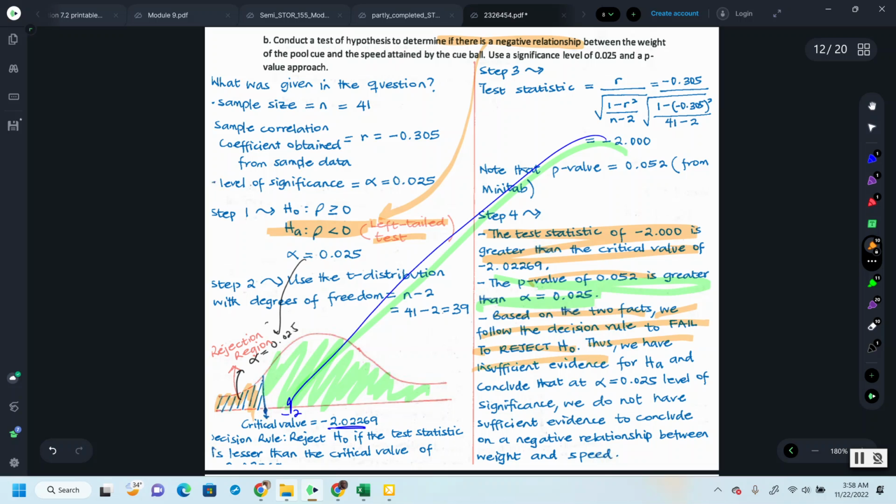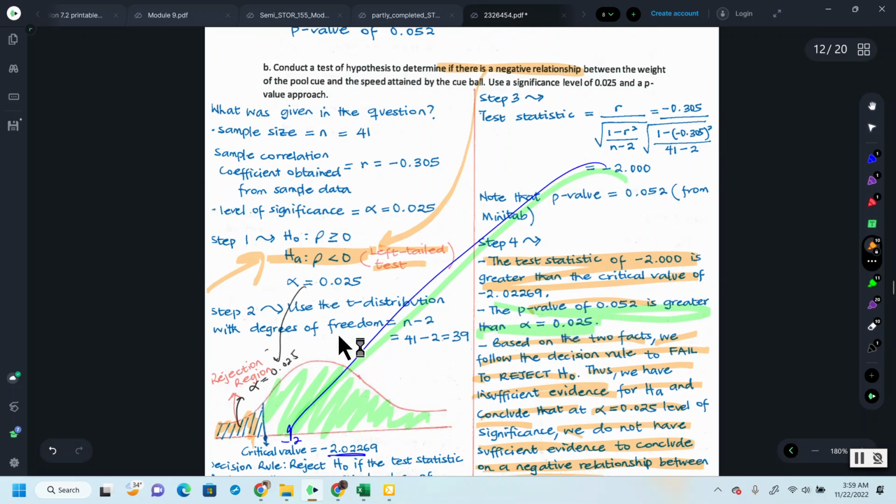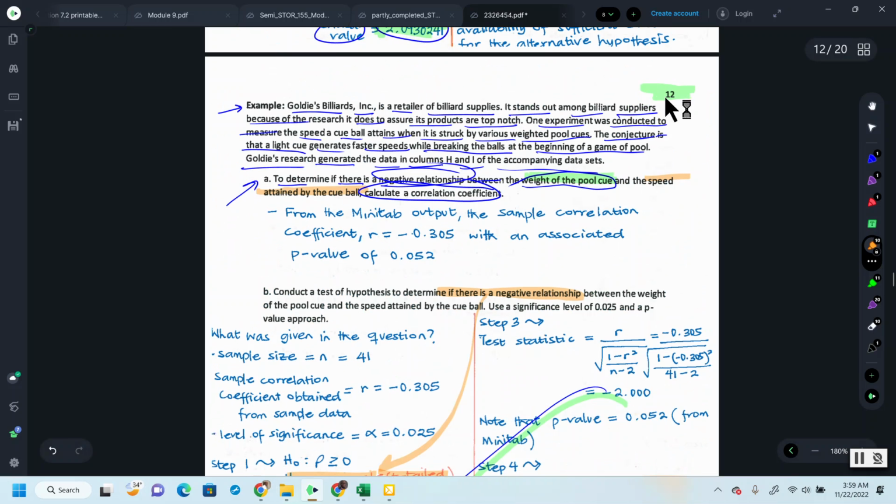Thus, we have insufficient evidence for the alternative hypothesis that we wanted to test, and we conclude at alpha equals 0.025 level of significance that we do not have sufficient evidence to conclude on a negative relationship between weight and speed. So with that said, that brings us to the end of the question on page 12 of your notes.